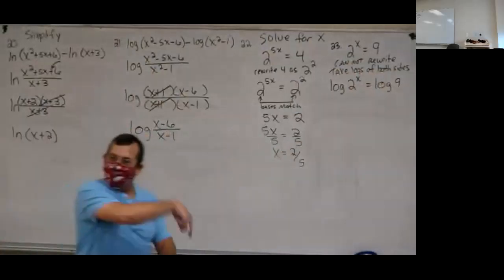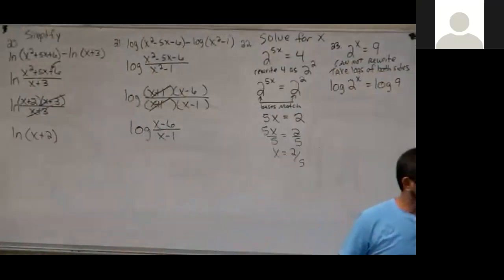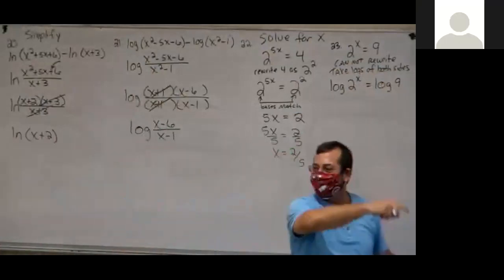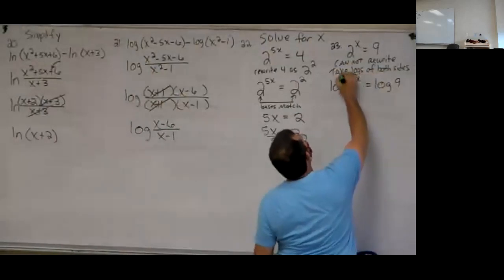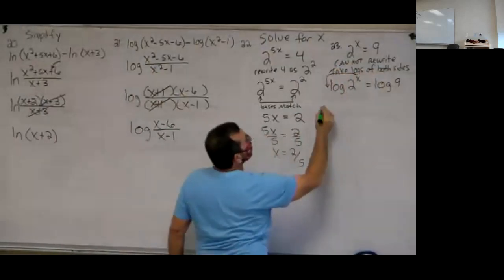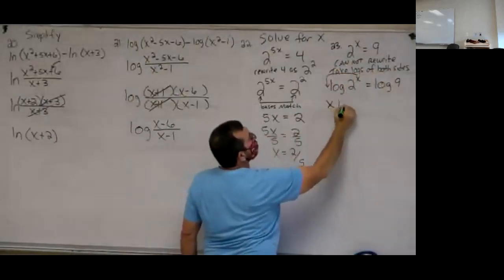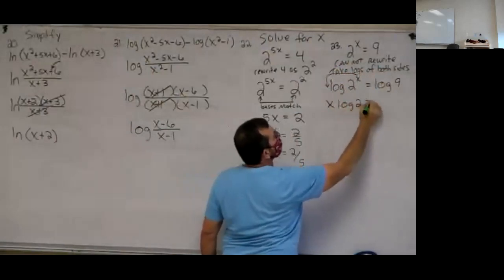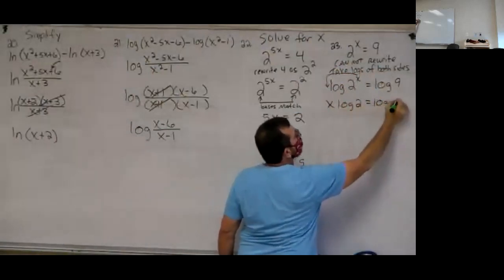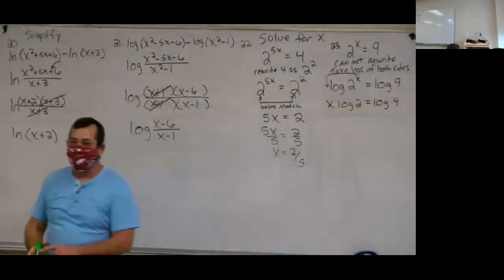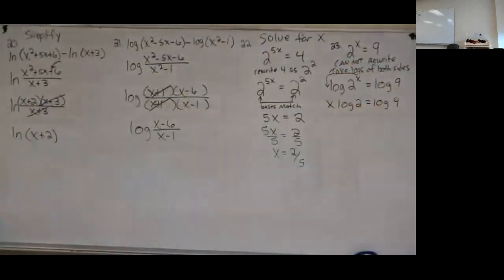Okay. Bring the exponent down. That's the whole reason we do the log, so we can bring this exponent down to the front. So I get an x times log of 2 equals a log of 9. And see, that's the only way I can get that exponent brought down, is by doing them logs to it. But now that it's brought down, I'm going to divide both sides by log 2.